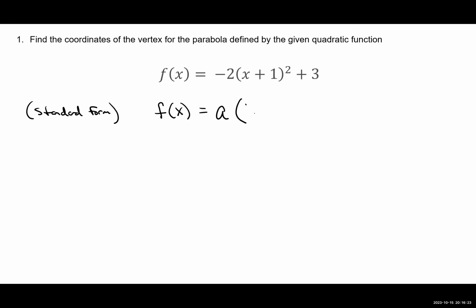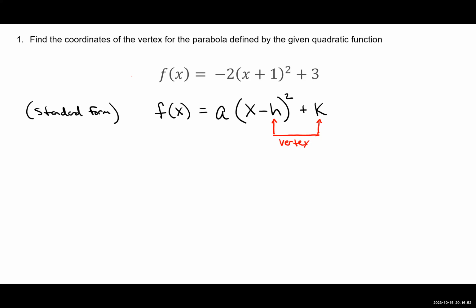X minus h, parentheses squared, plus k. Once you have it in standard form, for your vertex you simply use the numbers explicitly given in the function, the h and the k. And that gives you your vertex.